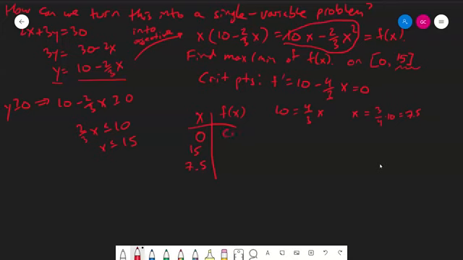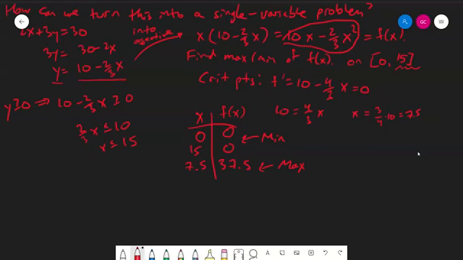Well, plugging 0 in gets you 0. And in fact, it turns out that plugging 15 in also gets you 0. And what do we get for plugging in 7.5? Let me just put that into a calculator. Okay, we end up getting 37.5. Okay, so evidently the maximum value of x times y, subject to the constraints that we had, is 37.5, and the minimum value is 0.